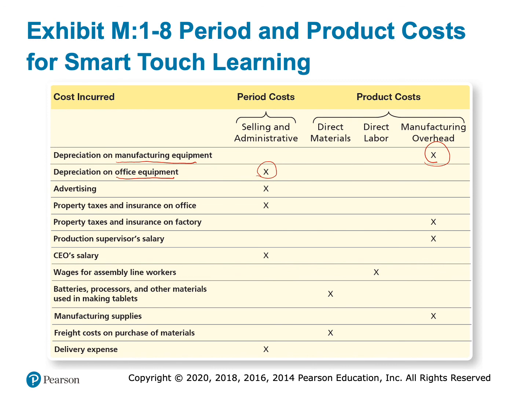Okay. Property taxes on the office implies administration or selling. Property taxes on the factory is a product cost. It's part of overhead. Notice when we look at supervisor salary, if it is the production supervisor, production again implies factory, then that's part of a product cost, that's part of overhead.